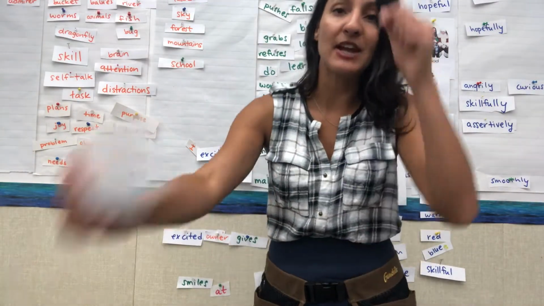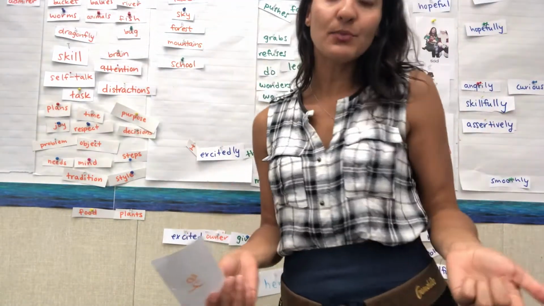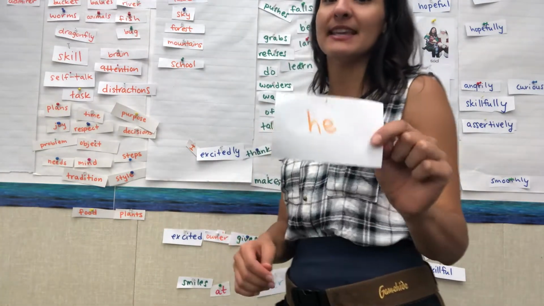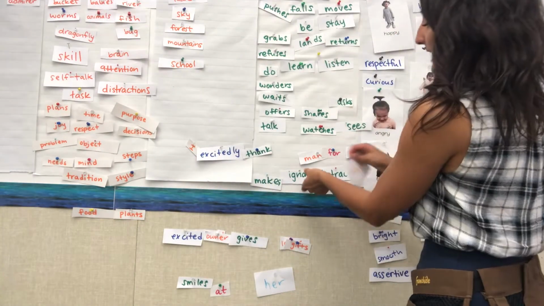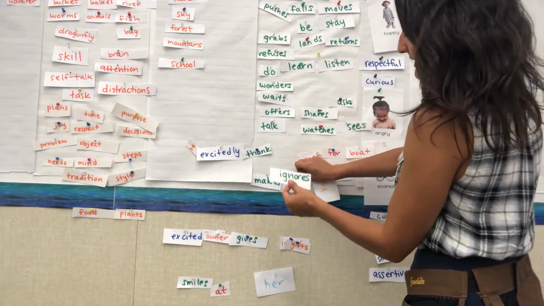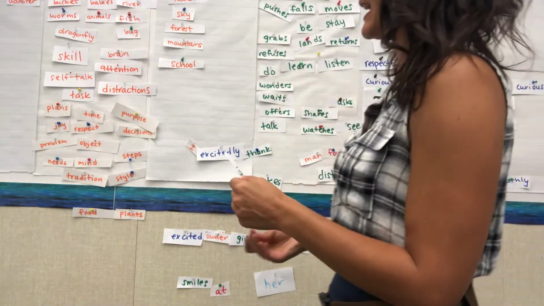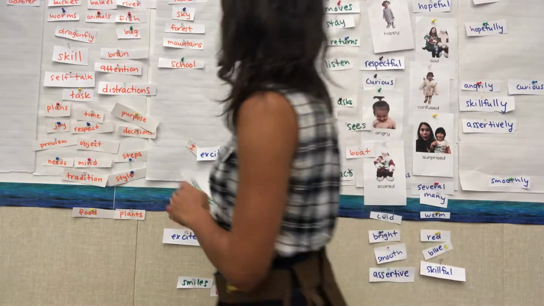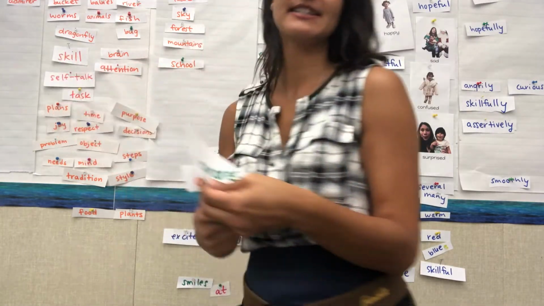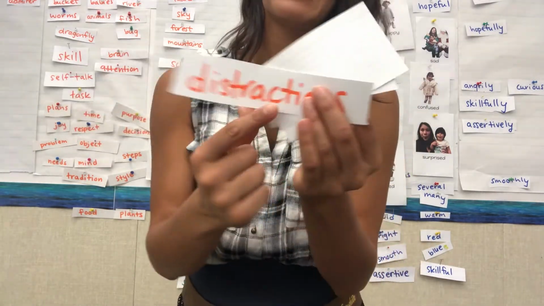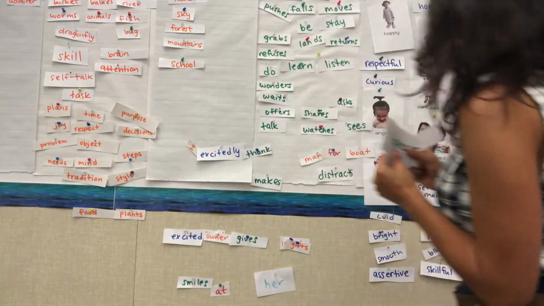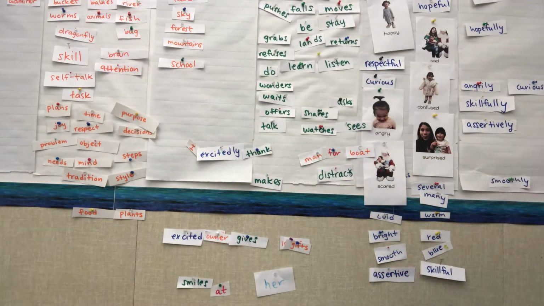Let's build another sentence. Let's use the subject he. What could we say about the picture? What could he do? He ignores. What could he ignore? He ignores distractions. Is there a way that we could describe how he ignores distractions?